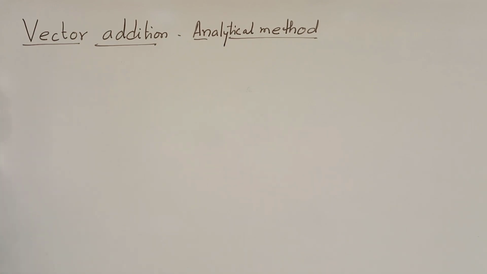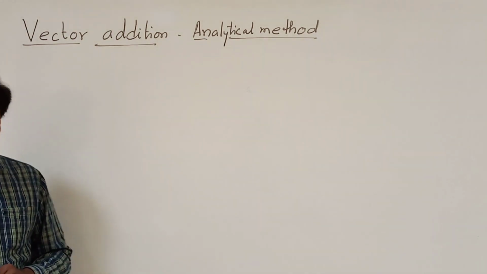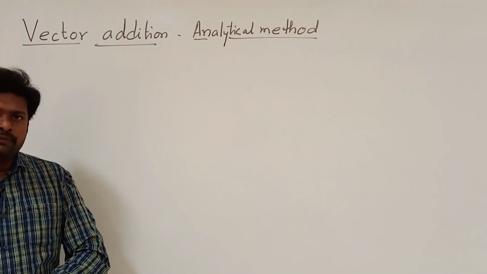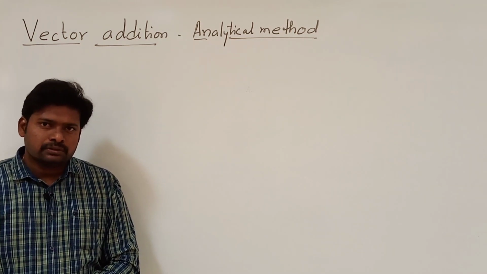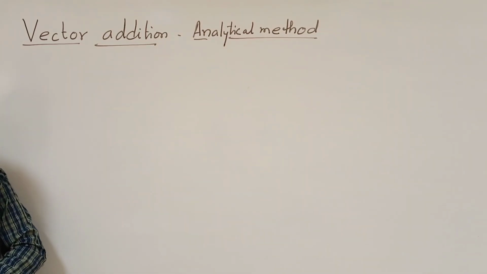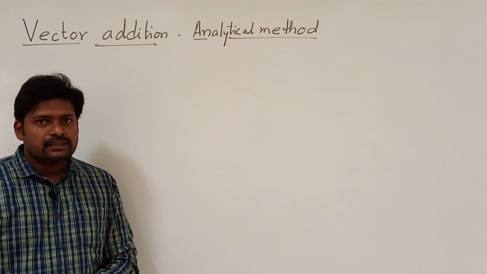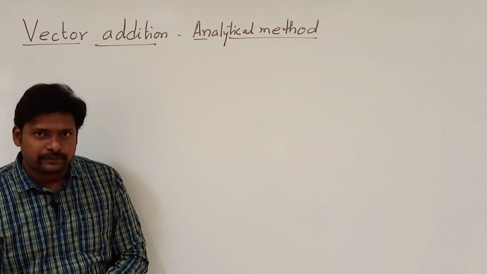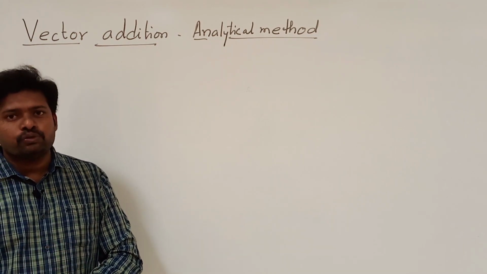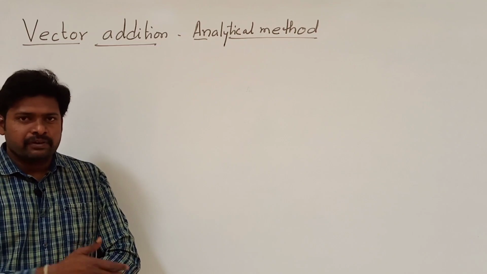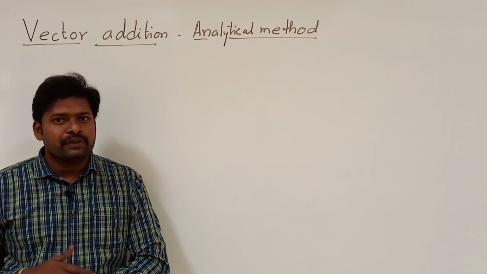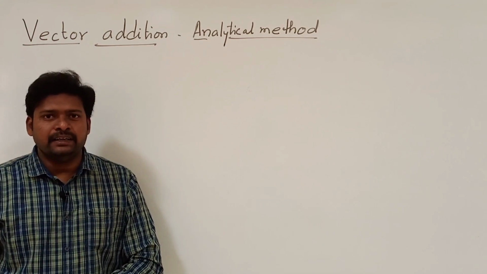Now, vector addition using the analytical method means we add the x components of the vectors and we add the y components of the vectors. The resultant of the x components can be written as Rx, the resultant of the y components as Ry, and we write the resultant vector in terms of i and j. Let's see two simple vectors and add them, and then we will see two or three more vectors. Not only do we add vectors, we also subtract vectors using the analytical method.